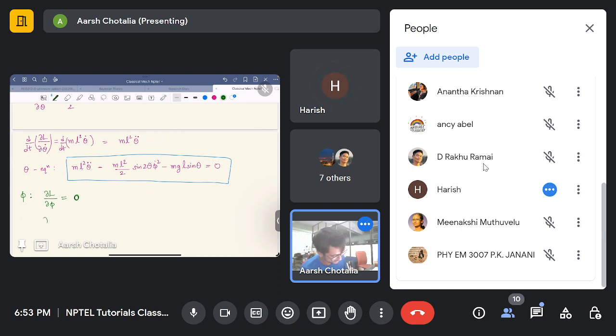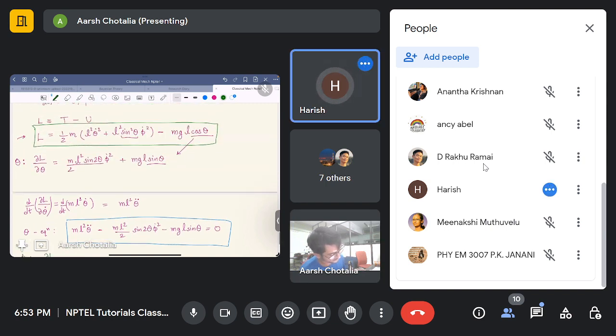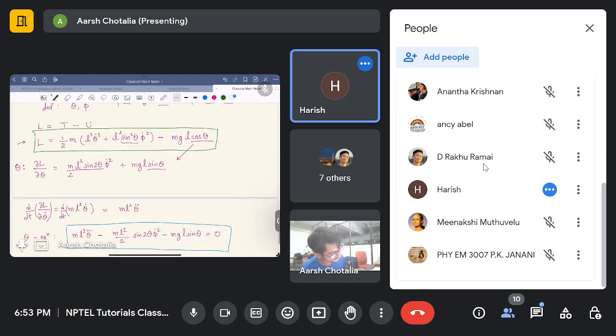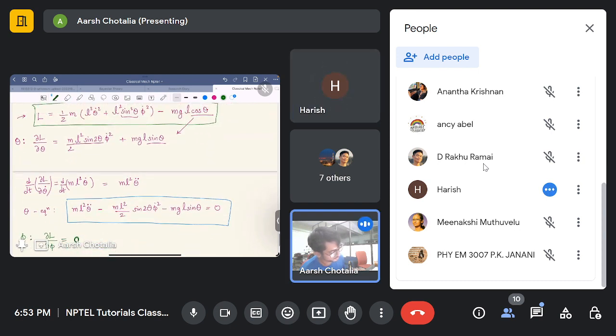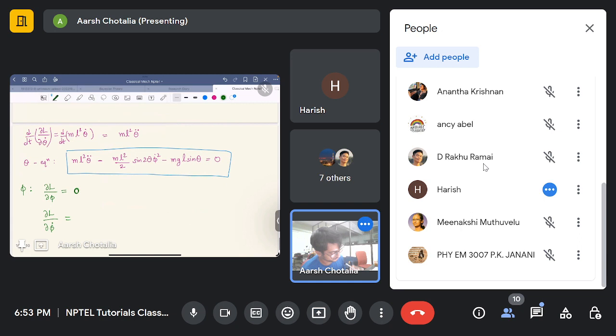Okay. So with respect to phi dot, it's m L squared sine squared theta phi dot. Perfect.